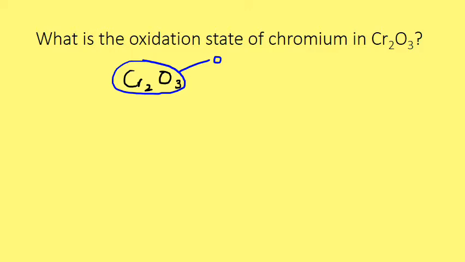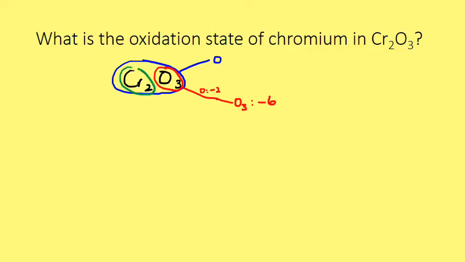From another of the rules we know about the oxygen. Combined oxygen, one oxygen is going to be -2, but we've got 3 oxygens, so that's going to be -6. So the 3 oxygens are -6, and the only other thing in the compound is chromium.